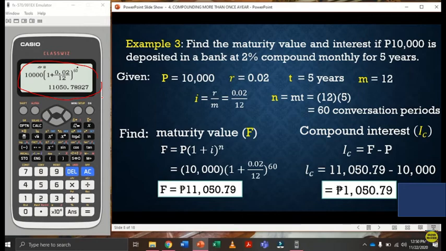To get the compound interest, subtract: 11,050.79 pesos minus 10,000 is 1,050.79 pesos.